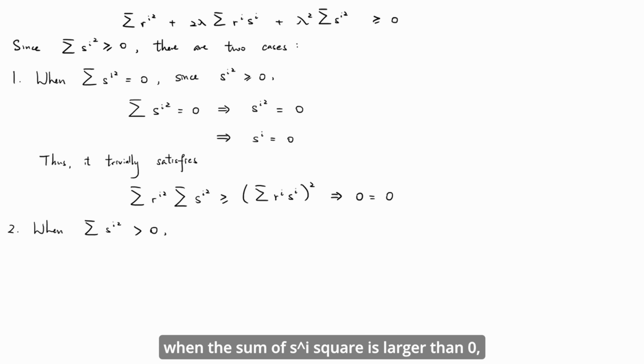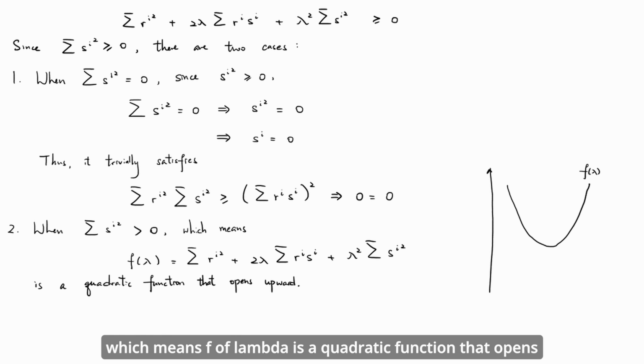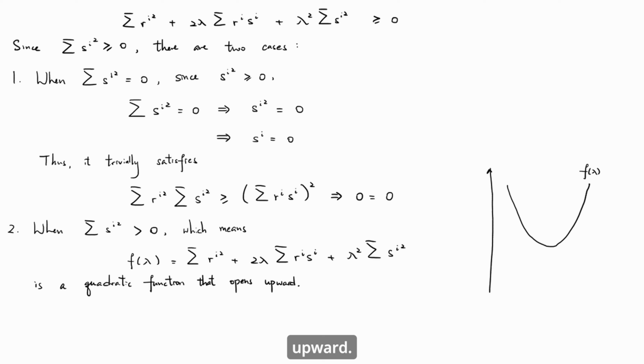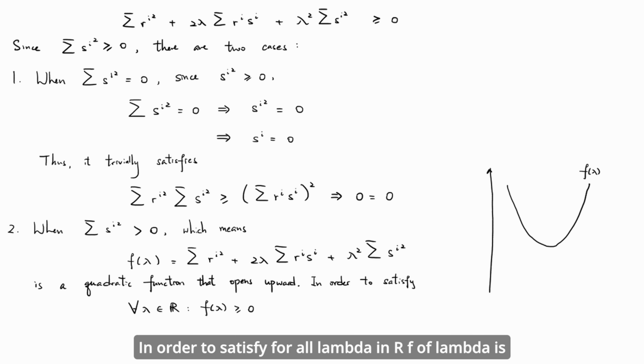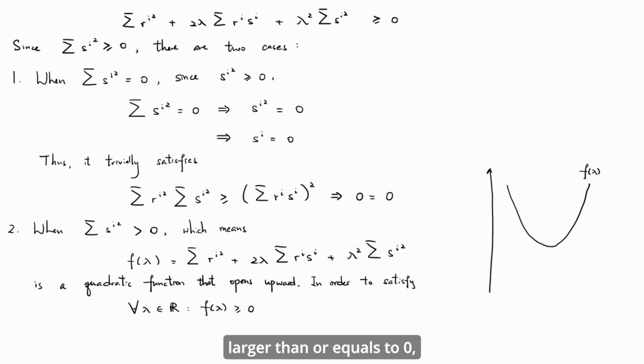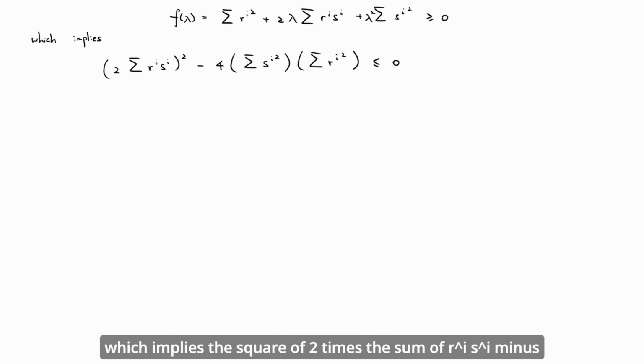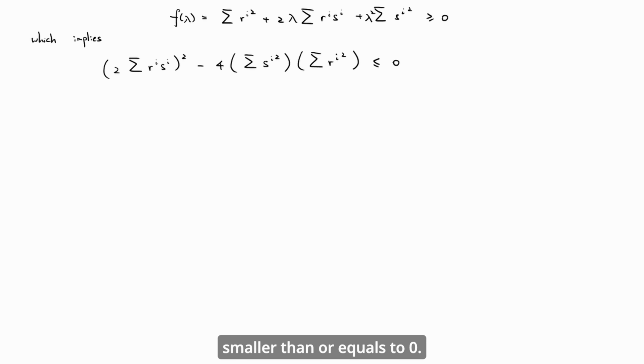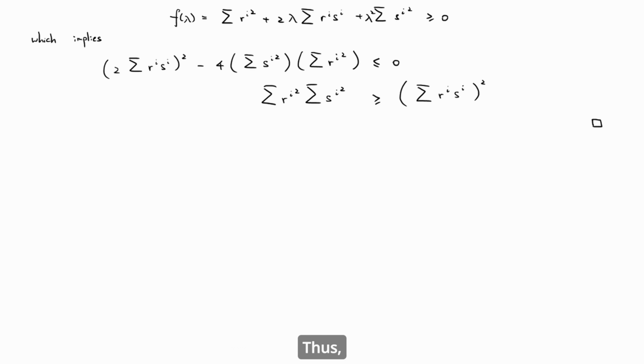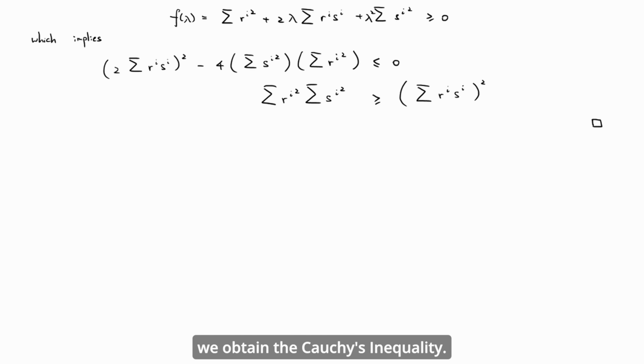Second, when the sum of sᵢ squared is larger than 0, f(λ) is a quadratic function that opens upward. In order to satisfy f(λ) larger than or equal to 0 for all λ in R, the quadratic must have either one root or no root, which implies the square of 2 times the sum of rᵢsᵢ minus 4 times the sum of sᵢ squared times the sum of rᵢ squared is smaller than or equal to 0. Thus, we obtain Cauchy's inequality.